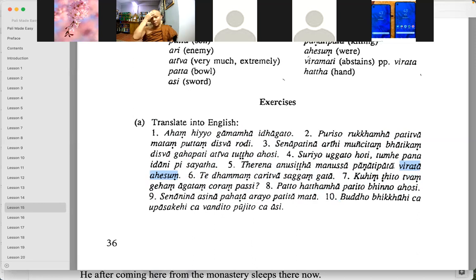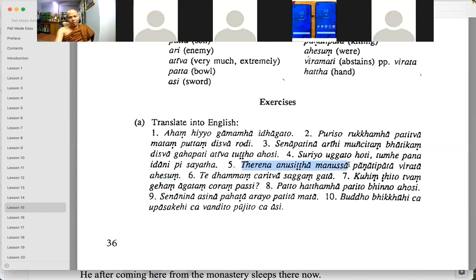So actually a better translation should be: people advised by the elderly monk had abstained from killing living beings. Yes. Okay. So virata ahesum, sorry Bante, we will translate as had abstained. Had abstained, yeah. Thank you, Bante. So simply we can understand therena anusittha manussa is a past participle phrase with a subject function for virata ahesum.